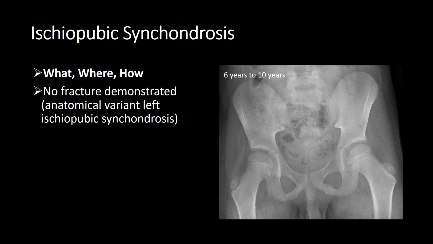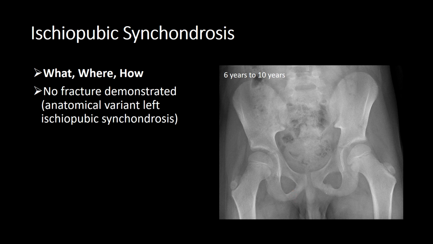Occasionally, some children have asymmetry to their ischiopubic synchondrosis. Here on the left, we can see that the ischiopubic synchondrosis is quite bulbous in appearance, in comparison to the right.